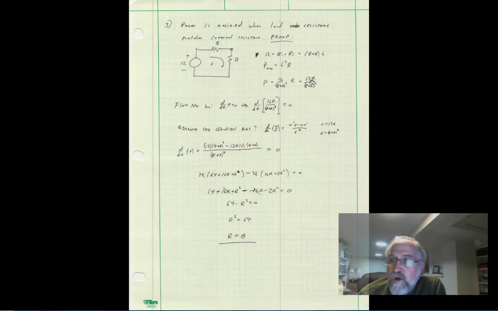So we have 12 times 8. You know what? I'm just going to do this math aside. Hang on just a second. So it's 12 times 8 on the top, and that's 96, right? And 8 plus 8 in the denominator, which is 16, and we square that, right? So we have 96 divided by 16 squared.